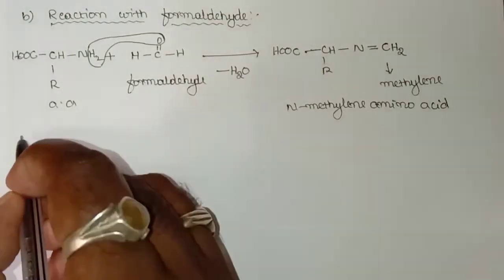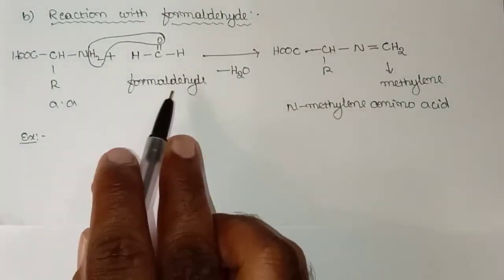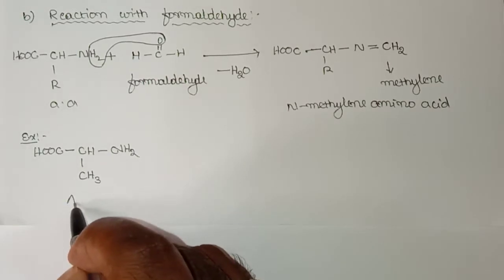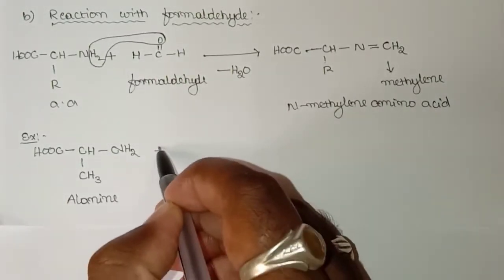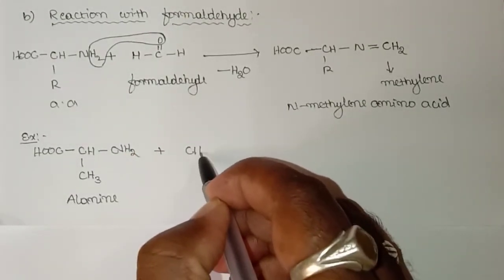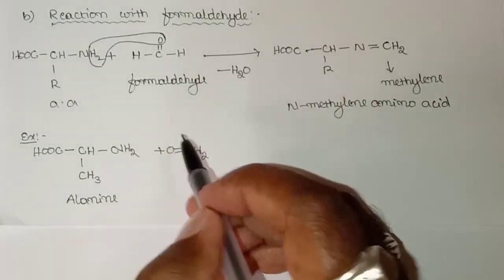So we shall take one simple example to show the reaction between amino acid and formaldehyde. This time let me consider the amino acid alanine. When alanine is made to react with formaldehyde, which can be simply written as CH2 double bond O, this is the condensed way of writing formaldehyde.